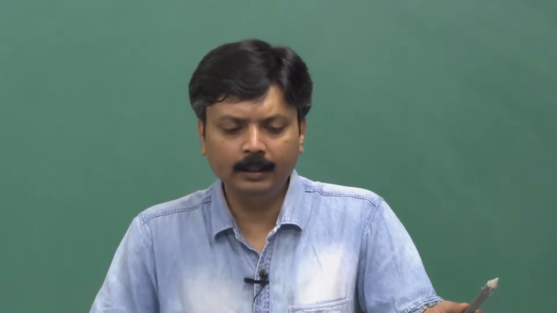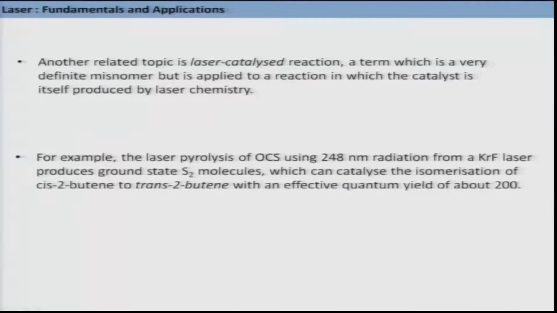And another related topic is the laser catalyzed reaction. This is a term which is a very definite misnomer. It is applied to a reaction in which a catalyst is itself produced in laser chemistry.